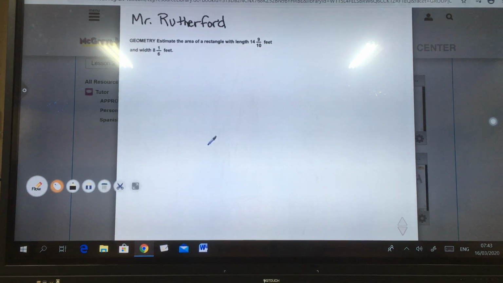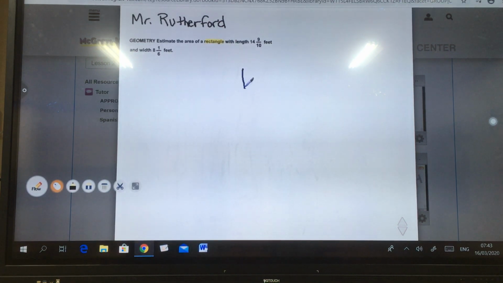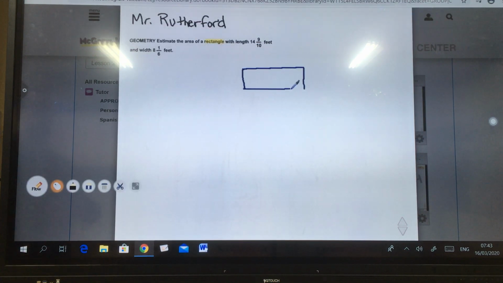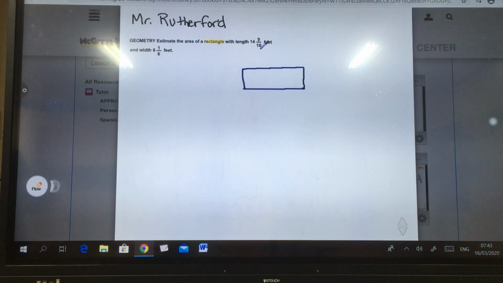Well, it says that we have a rectangle here, so I think it's always helpful to draw a diagram of what we have. A rectangle has opposite sides which are equal and parallel. So here's our diagram. Notice that one length is 14 and 9/10 feet, which is greater than 8 and 1/6 feet.